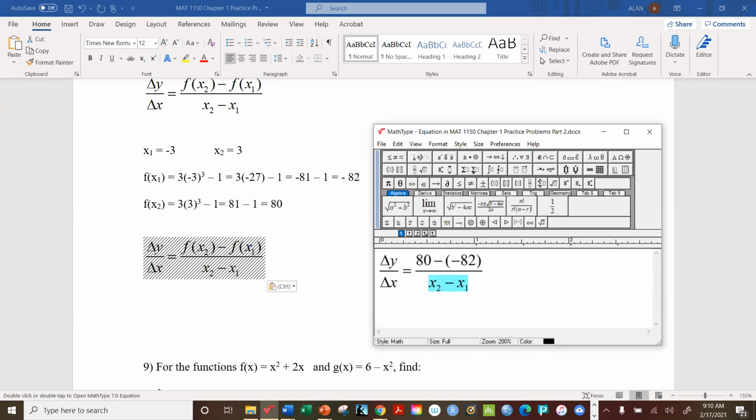And then we have 3 minus minus 3, which is 162 over 6, which is 27. It's hard to believe, but that's 27. That's right, 140, yep.